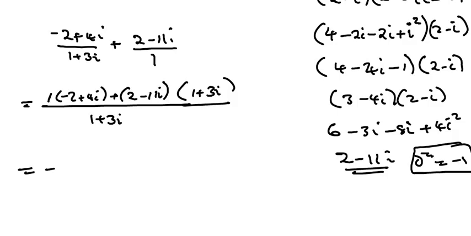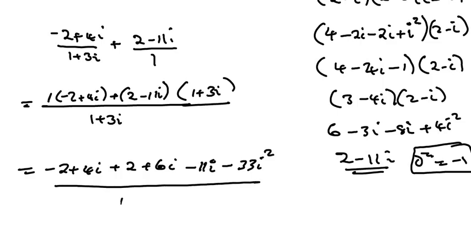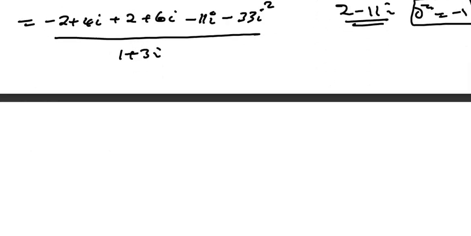And this is going to be negative 2 plus 4i, then plus a 2 plus a 6i. I'm multiplying everything by 2, then multiply everything by the 11. This is going to give us negative 33i squared. Down we just have 1 plus 3i. So now we see things that are able to cancel here.